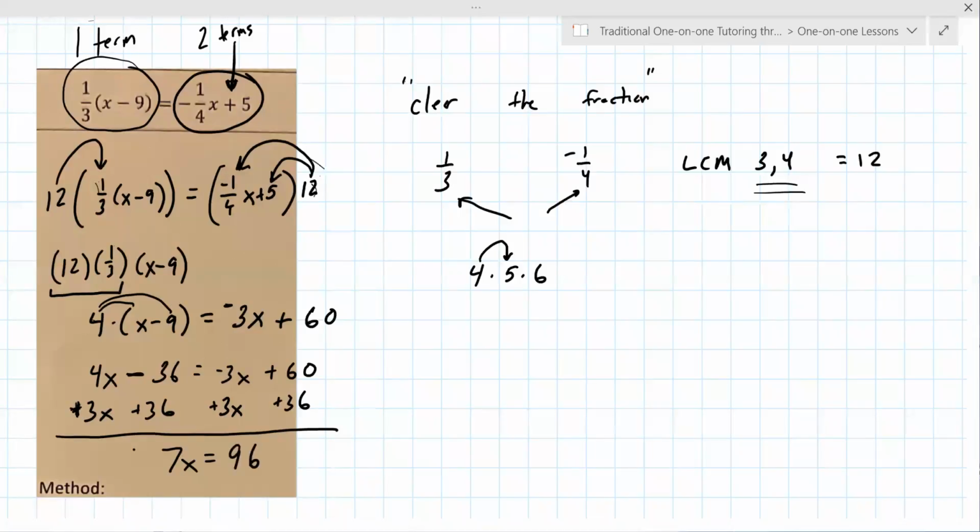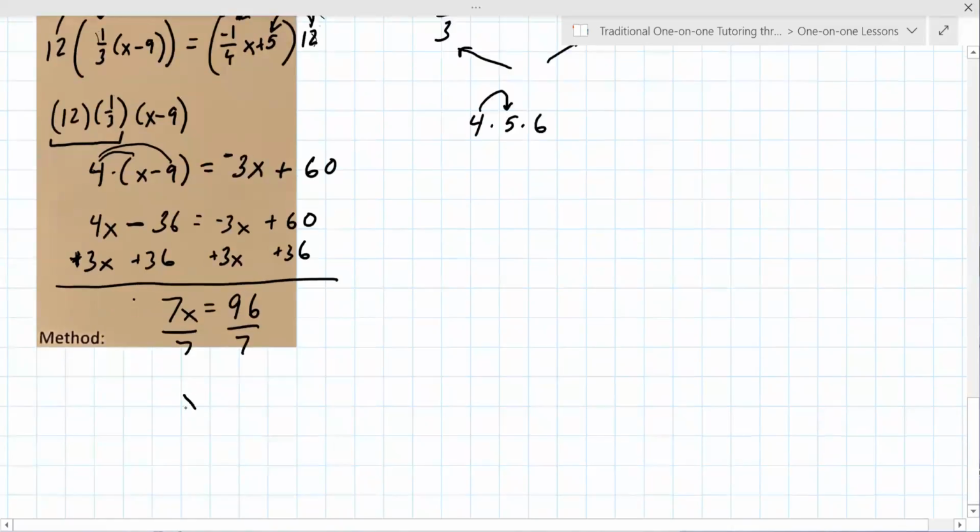Now, oddly enough here, it doesn't work out nicely, but you divide both sides by 7 and x equals 96 over 7.